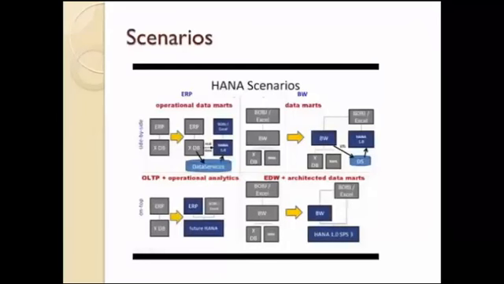So actually, I was talking on the previous slide about one of the scenarios of utilizing HANA nowadays. Now on the left-hand side is the first scenario for ERP systems. If you look at the top left-hand corner, under ERP, you have an XDB, which is a database that can come from any vendor.